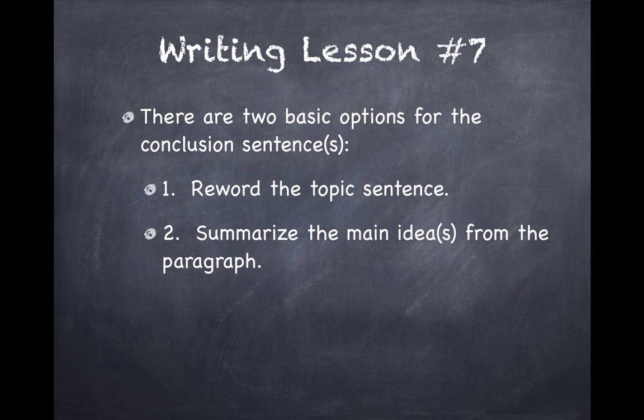Your second option is not really difficult, and I think students don't use this as many times, but it's really easy. It's to summarize your main idea or ideas from the paragraph. You can look back in your paragraph for this, or you can look at your pre-writing plan. If you just look at what you wrote down as support and put those in list order, that's a really easy way to conclude your paragraph.